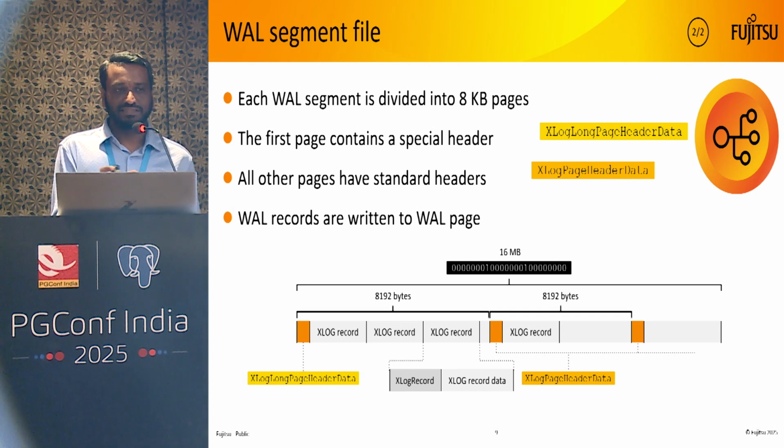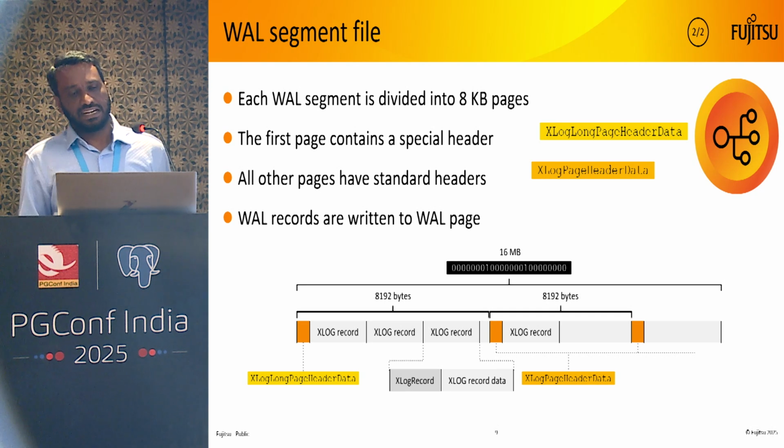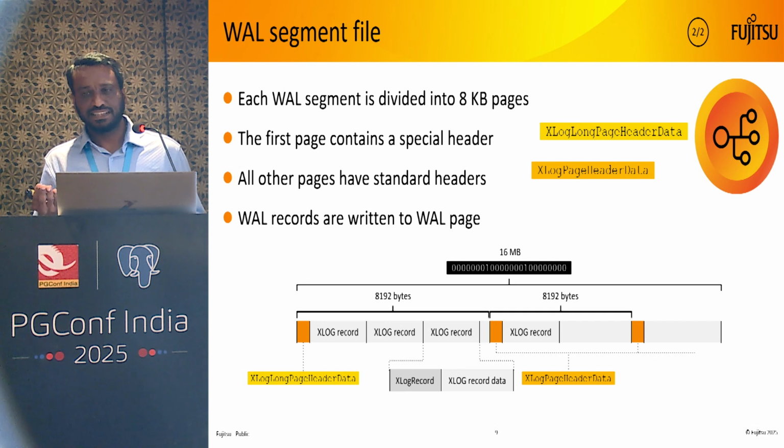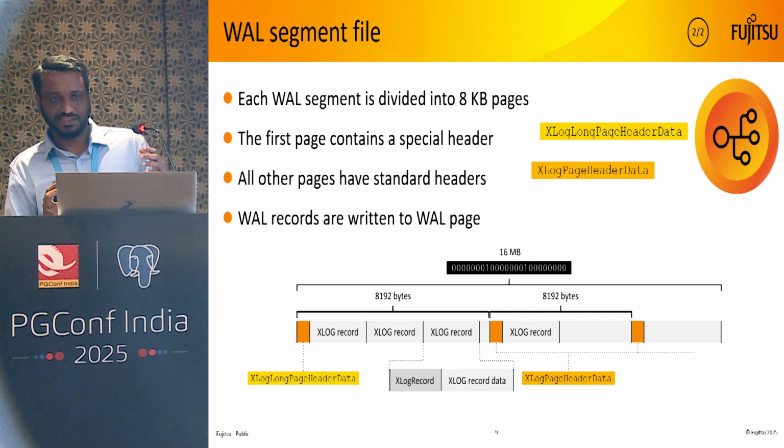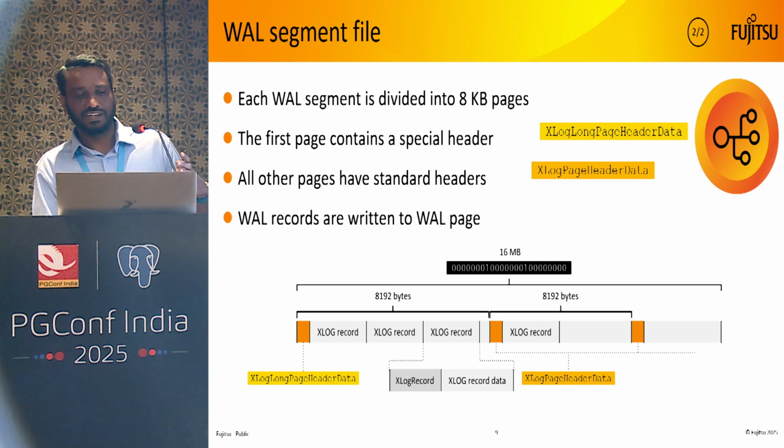After that we have the XLOG records, the various WAL records that can fit in this 8 KB page, and subsequently the next page will start, again with WAL records. So we saw one WAL segment, which is further zoomed into WAL pages, and inside a WAL page we have WAL records.